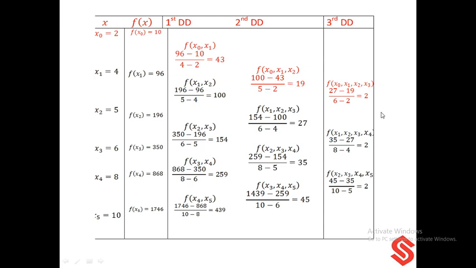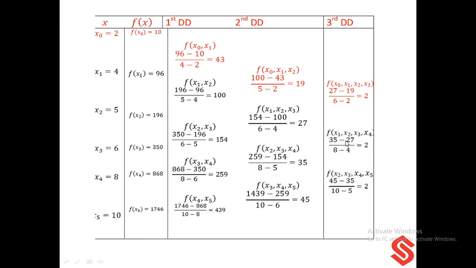Next, third divided difference, f of x naught comma x1 comma x2 comma x3, is defined as f of x1 x2 x3 minus f of x naught x1 x2 divided by x3 minus x naught, so that is 27 minus 19 divided by 6 minus 2 will get 2.